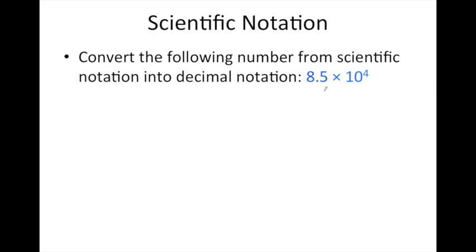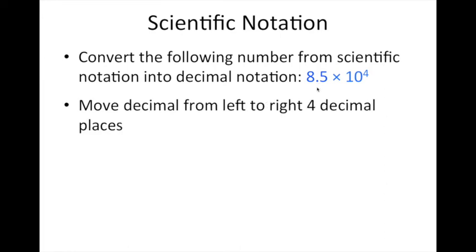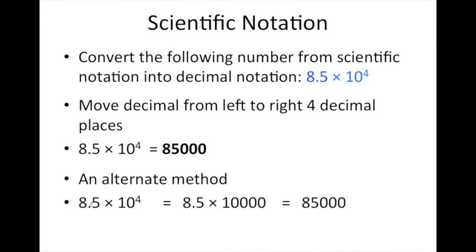Let's look at one other one here. 8.5 times 10 to the fourth. Write this in standard notation. We move the decimal from left to right 4 spaces, and we get 85,000. Or, if you prefer, you could take 8.5 and multiply it times 10 4 times. If you take 10 4 times, you get 10,000. So 8.5 times 10,000 is 85,000.